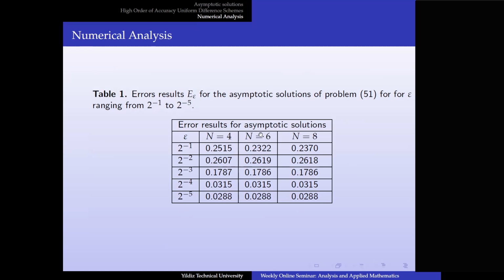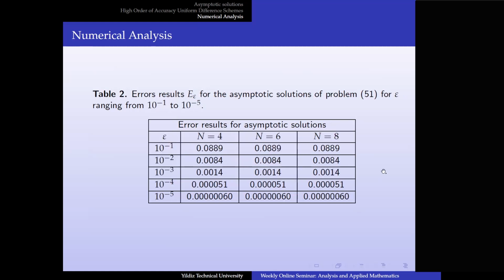For n equal 4, n equal 6, and n equal 8, we have the following results. And for the same formulas, I also obtained the results for epsilon ranging from 10 to the minus 1 to 10 to the minus 5, presented in the table.